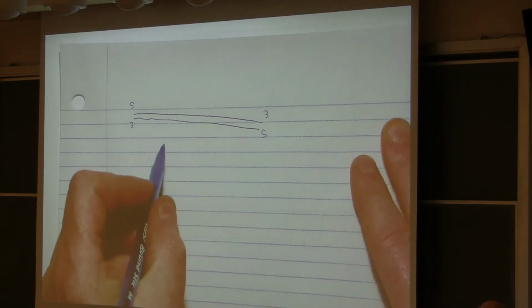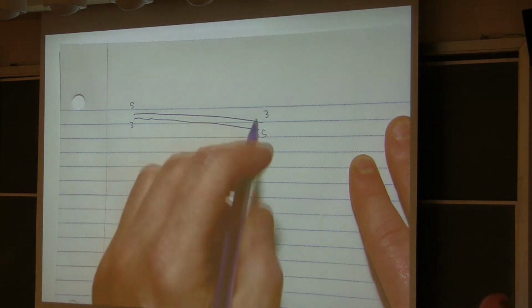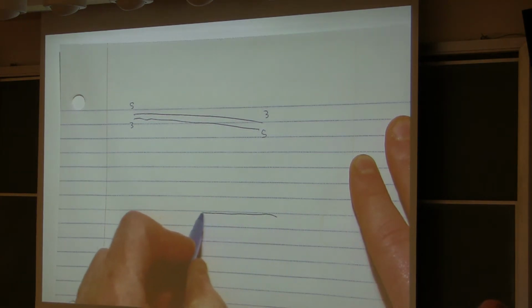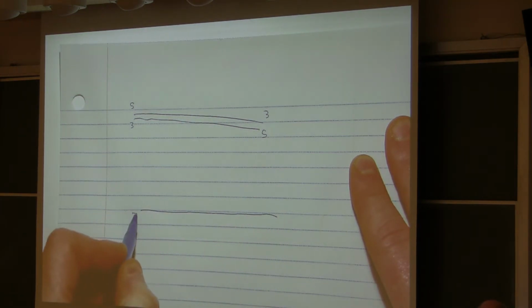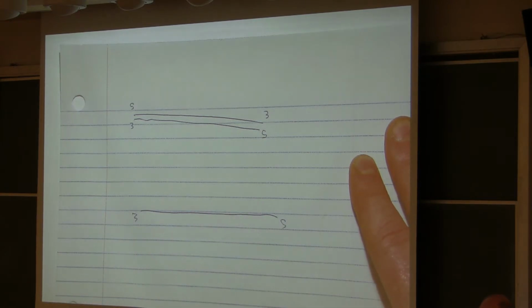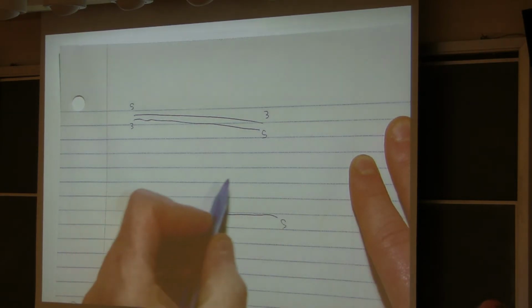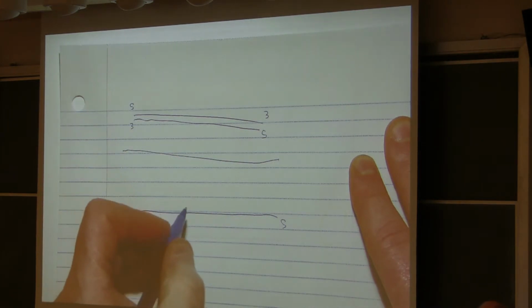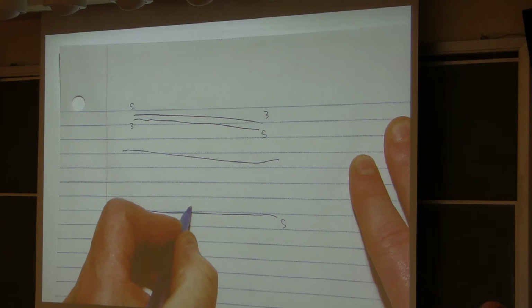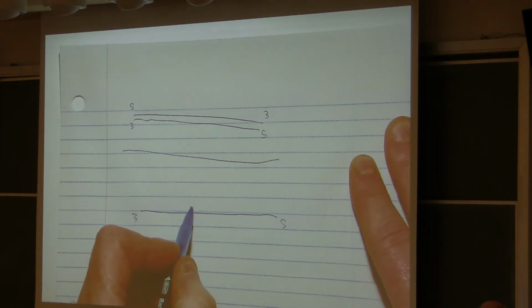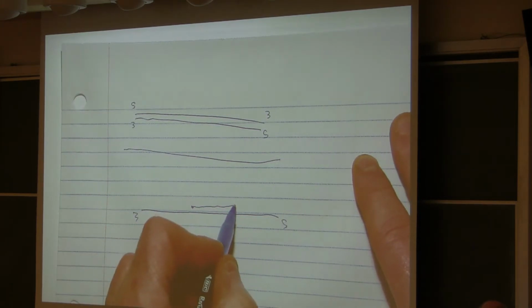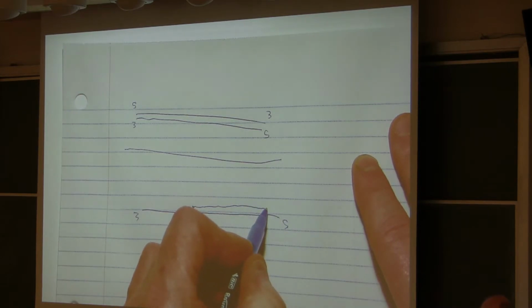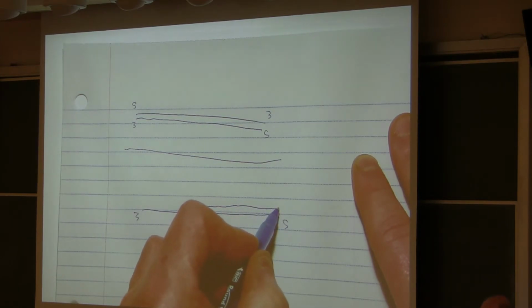If I were to replicate, let's say I peel the strands apart. So I've got a strand here at the bottom, which is the 3' to 5', and I have a strand at the top up here, okay? Let's say I were to start synthesis of this bottom strand from here, and I moved in this direction. It would go all the way to the end.